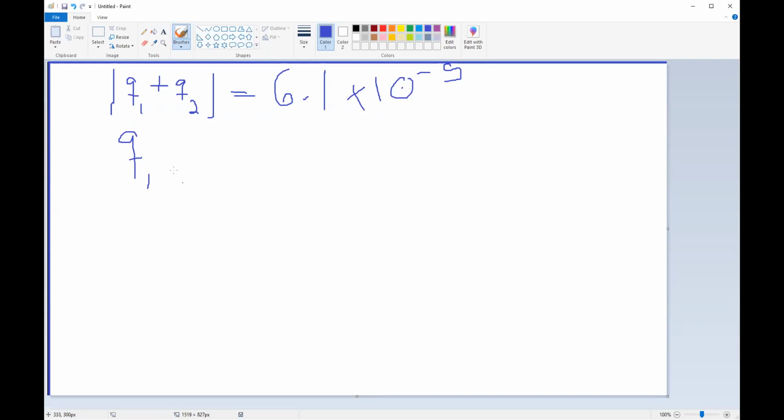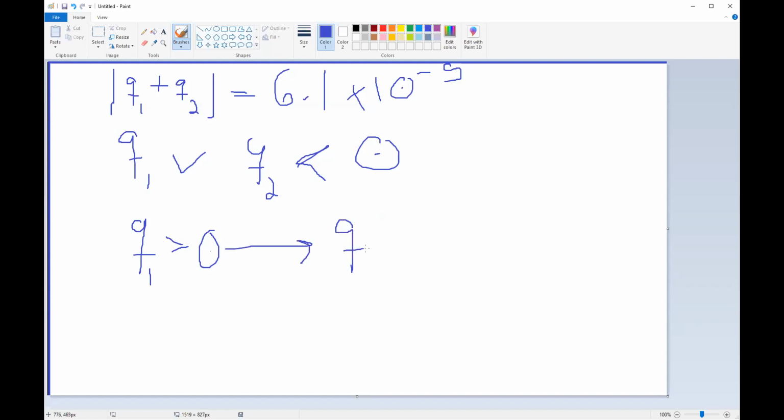So Q1 is greater than 0, or Q2 is less than 0 because it has a negative charge. This is an or, if you're wondering. That means I'm going to pick Q1 to be greater than 0, which then implies that Q2 is less than 0 because they have opposite charge.